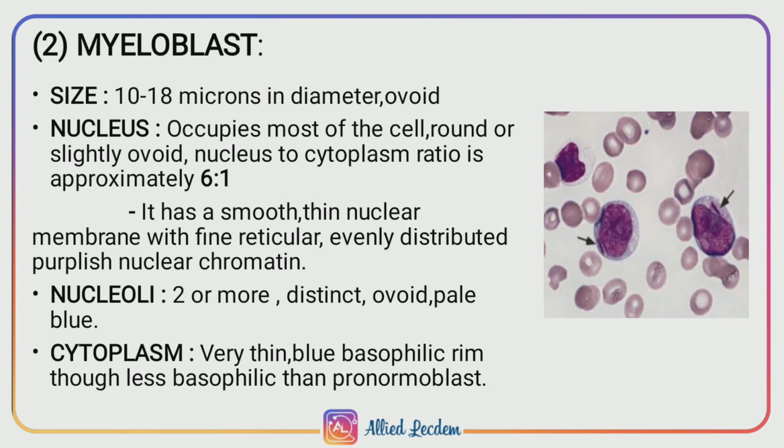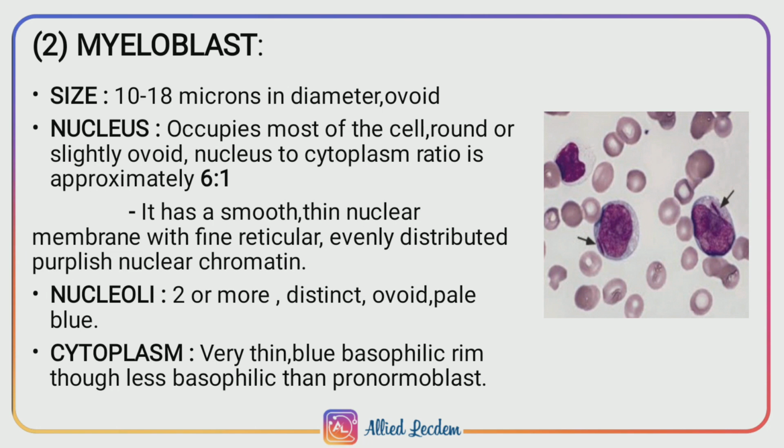Nucleus to cytoplasm ratio is approximately 6:1. Its nuclear membrane is smooth and thin, while the nuclear chromatin is finely reticulated, evenly distributed and stained purple.